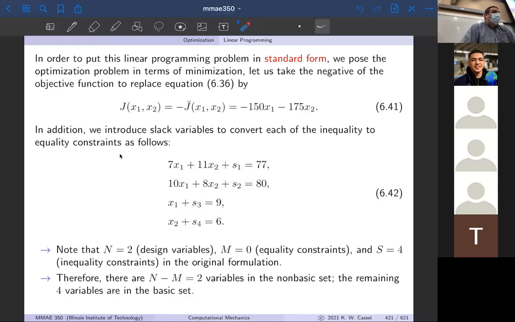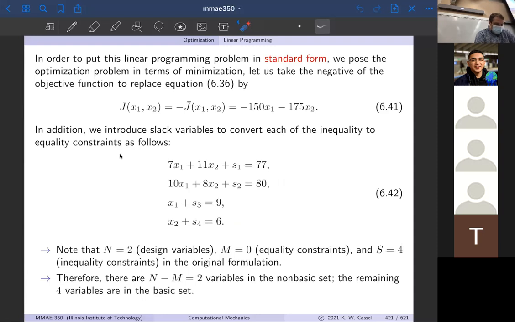If they're greater than or equal to, then my slack variable is incorrect. So that's why we make them all less than or equal to first, and then introduce the slack variables. Okay, so now my 1, 2, 3, 4 inequality constraints have been converted to equality constraints.